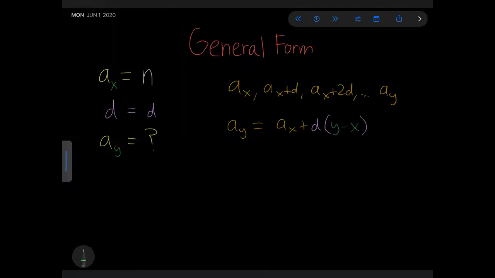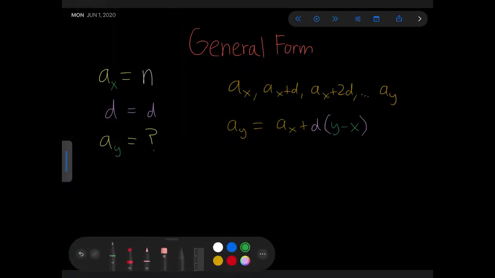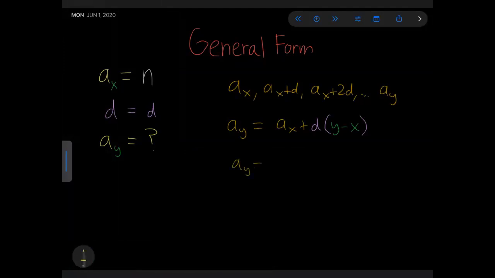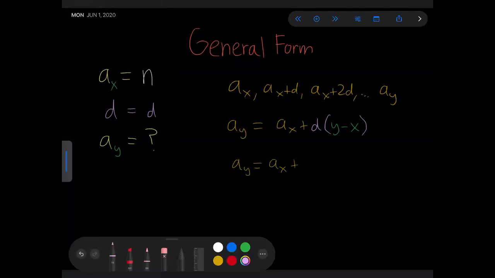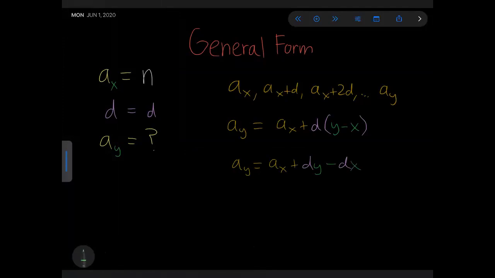And that's our entire form. We have a sub y is equal to a sub x plus dy minus dx. And that is it. This isn't too hard to memorize. If you know the intuition behind it, you'll get it easily. You'll be able to come up with this in case you forget it.